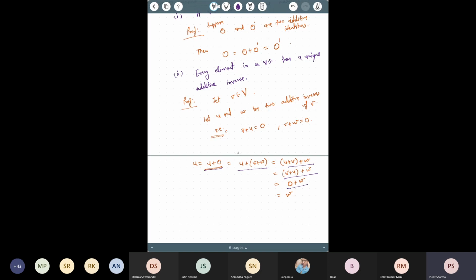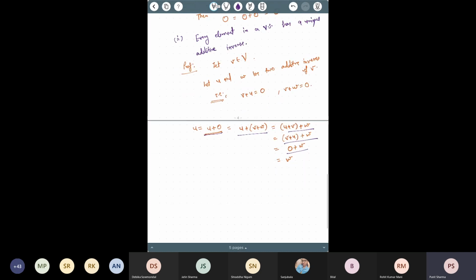Okay, so since we have seen that every element has a unique additive inverse, we can call this additive inverse, let's say, minus v. This is just a notation.